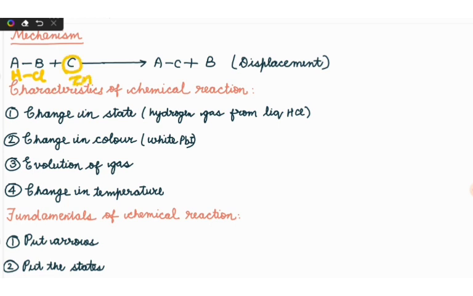C is zinc. So AB was HCl and C is the zinc. Now we got ZnCl2. You see, C was zinc and this C got merged with the chlorine, that is B, so we get the product BC and A is separated out. So this we have got here. This is the displacement reaction.